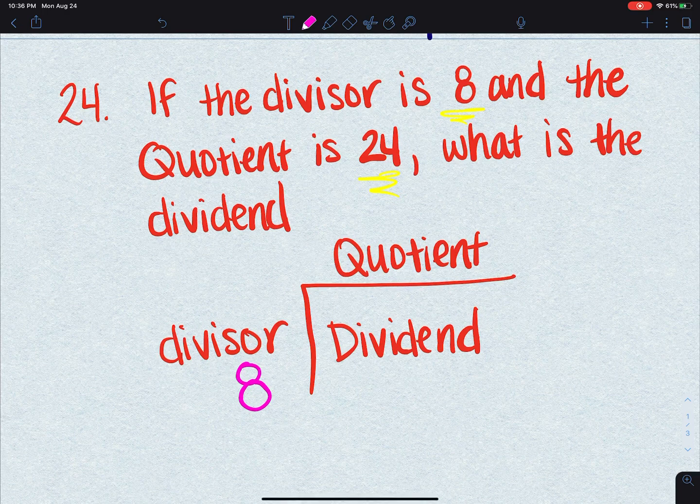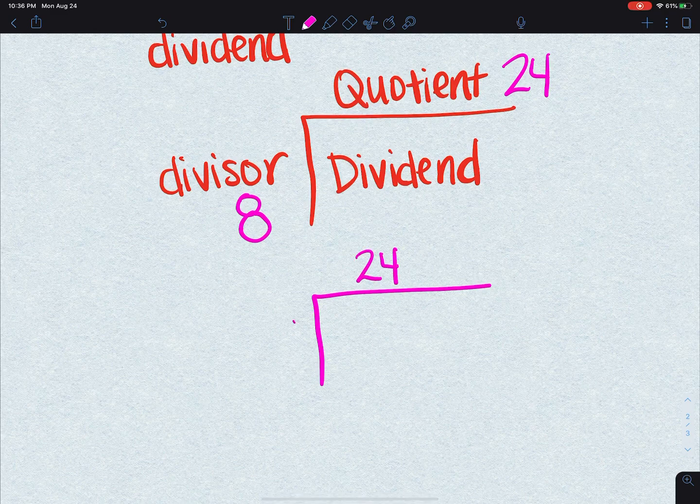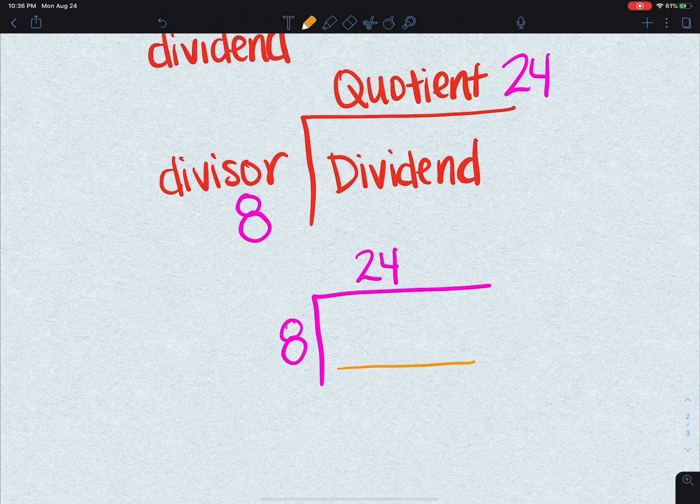And if the quotient is 24, then 24 is going to go up here. So let me write it in a different way. Okay. So 24 goes here, 8. So you're going to find what goes here. And this is the dividend, right? So you can see it's not going to be 3. It's going to be a huge number because something divided by 8 is going to be equal to 24.